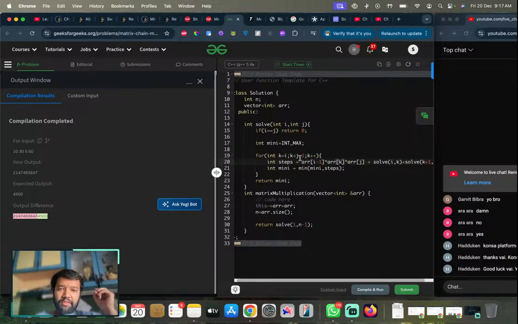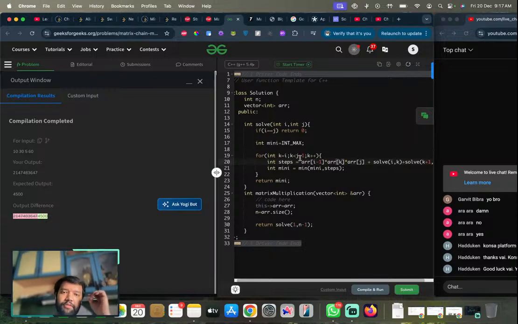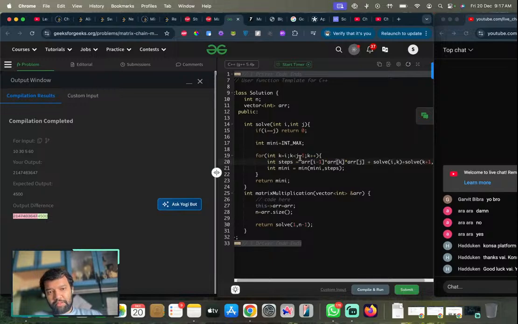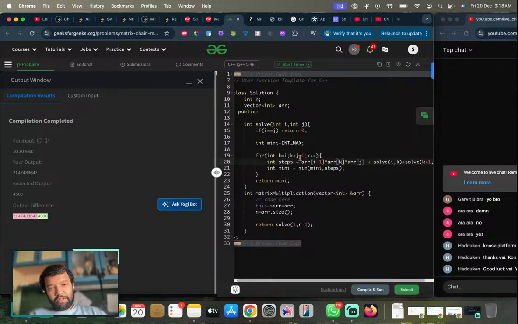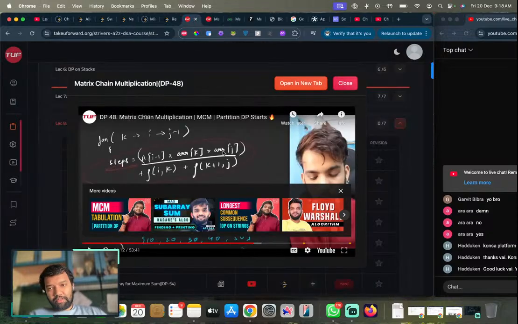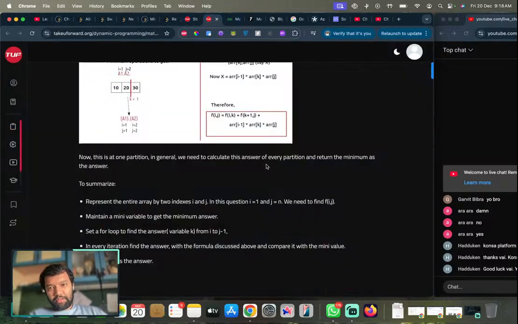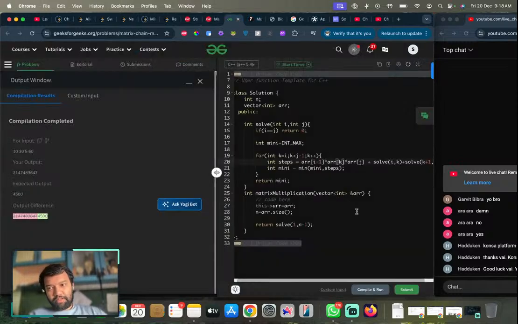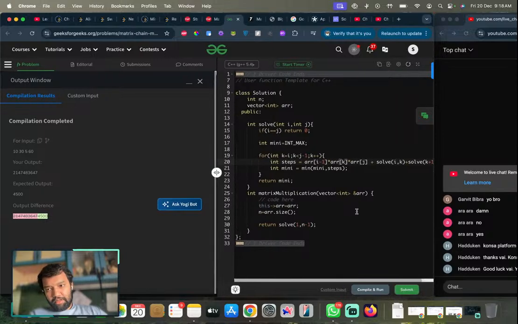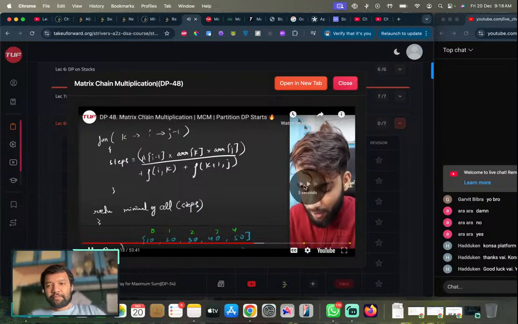Now steps is equal to i minus 1, 2, 3. Do a partition on k, minimal of all.